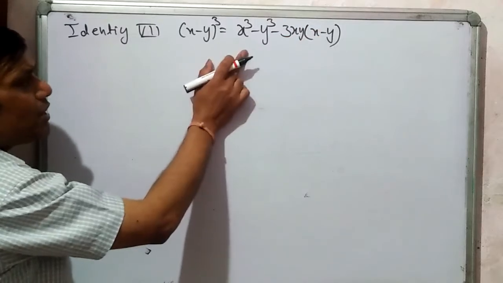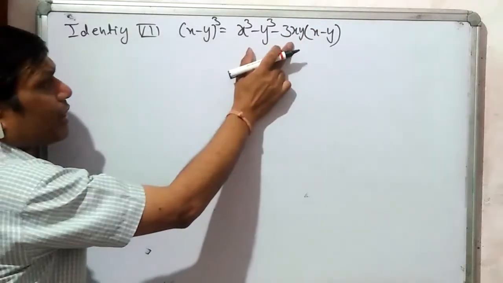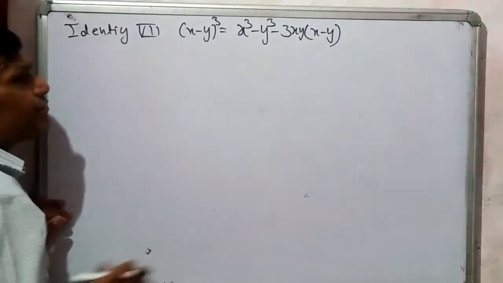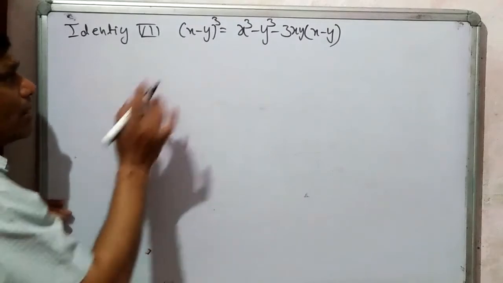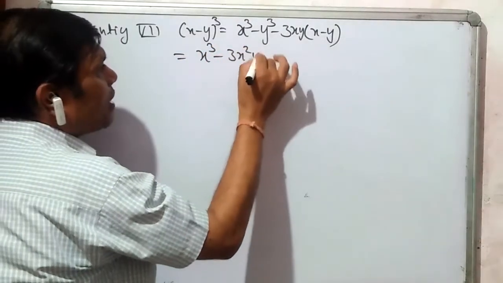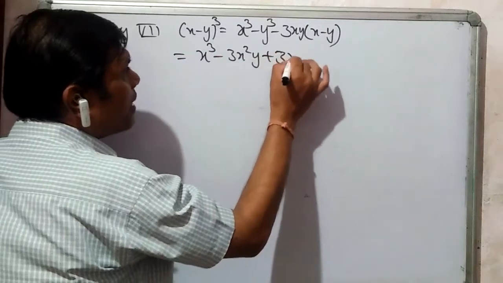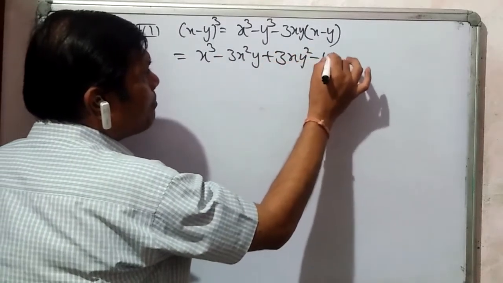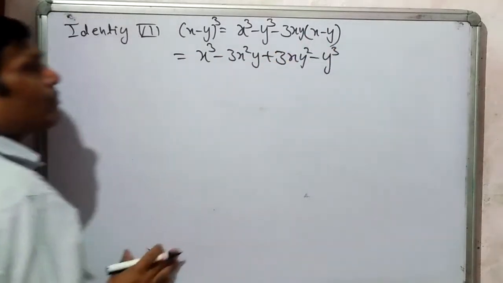The difference of individual cubes, subtracted 3xy multiplied with the difference of two terms. This can also be written as x cube minus 3x square y plus thrice xy square minus y cube.